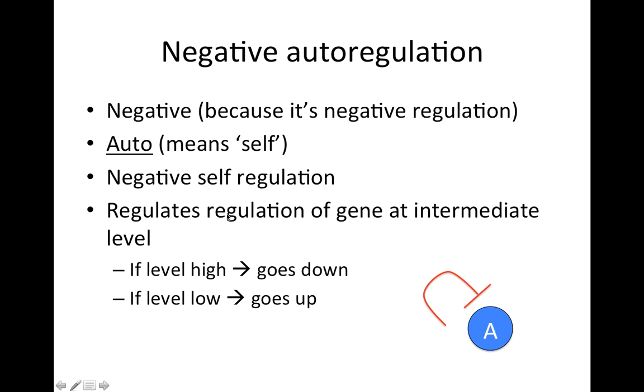So that means it regulates expression of the gene at an intermediate level, because if the level goes high, then it will negatively regulate itself and turn down expression. And if the level goes down, it will positively regulate itself and turn up expression. So it's going to lead things to a moderate level. And we can just write this like this: A is negatively regulating A.